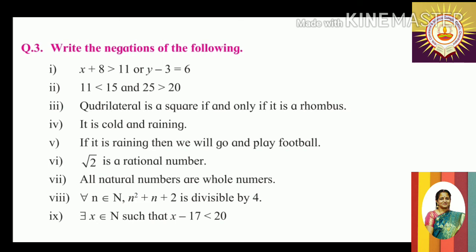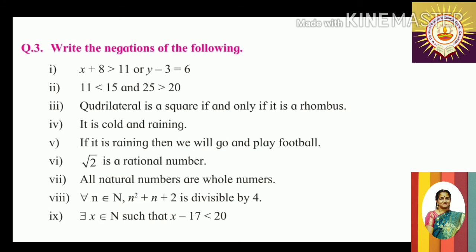Now see the examples from page number 18. Write the negation of the following. The first example is x plus 8 greater than 11 or y minus 3 is equal to 6. Write down P as x plus 8 greater than 11, Q as y minus 3 is equal to 6.